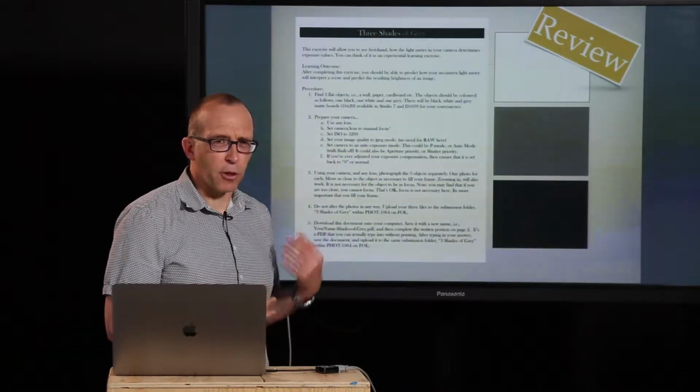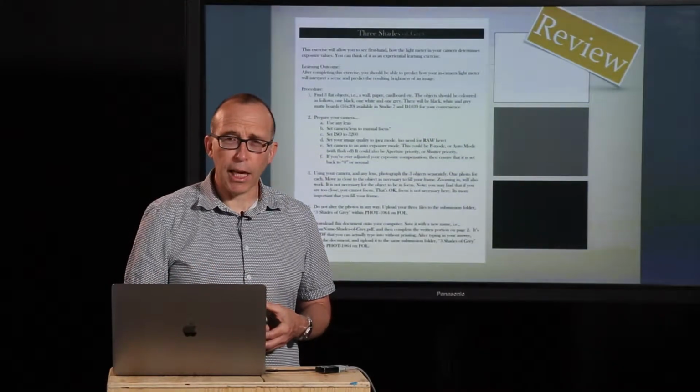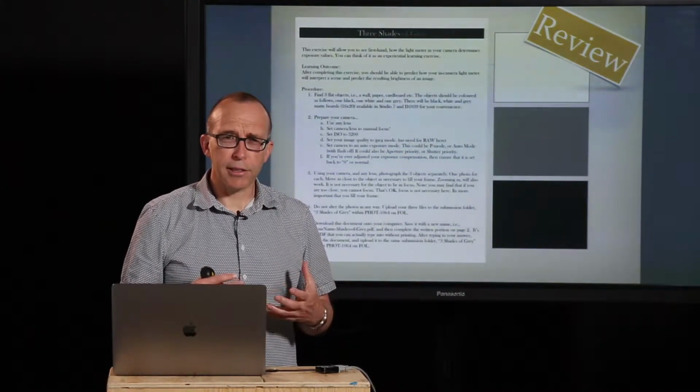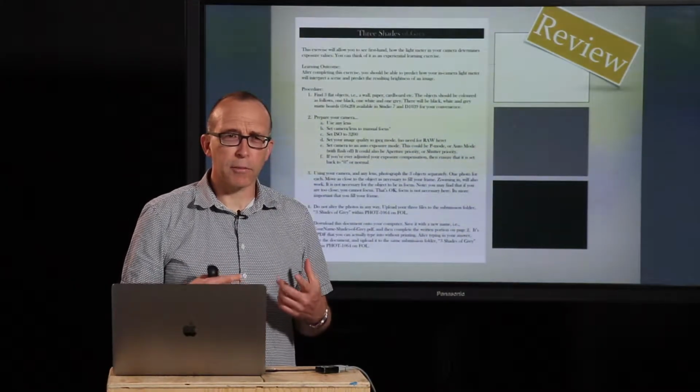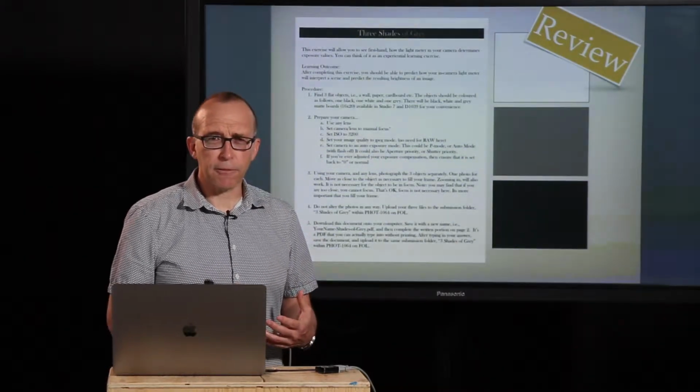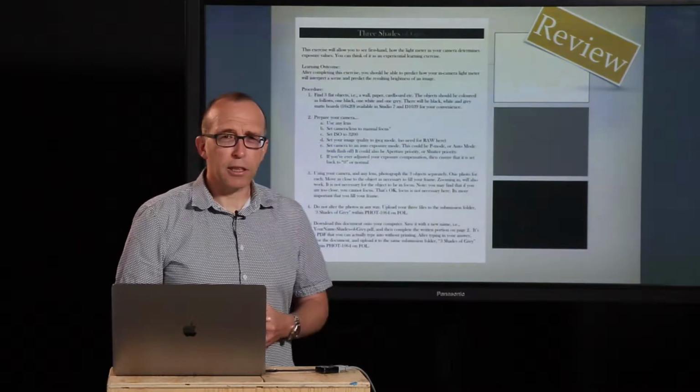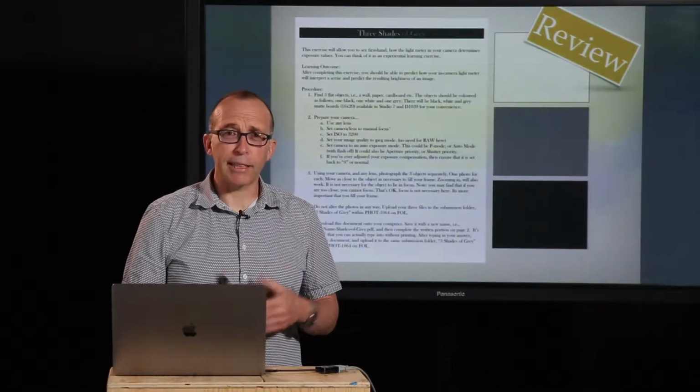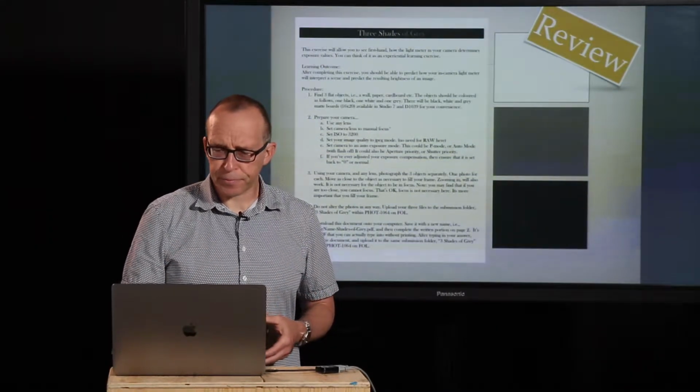And hopefully by photographing the whiteboard and the blackboard, you realized, oh, that's what's going on. My meter is just reading the scene wrong. It's being fooled by the fact that the objects are white and black, and it's trying to make them gray.